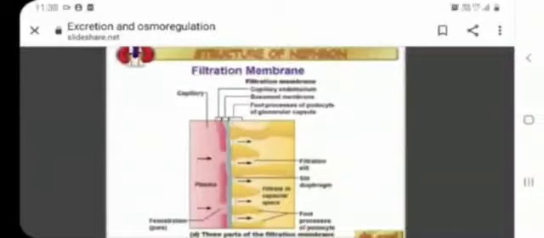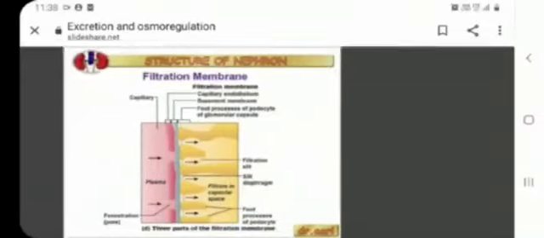Then there are the slits or the openings, the pores present in the Bowman's capsule. The filtrate in the capsular space, that is, the blood plasma, passes through these pores.